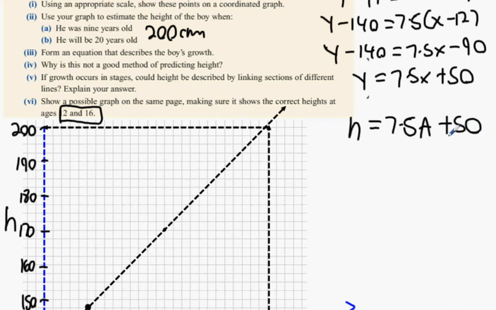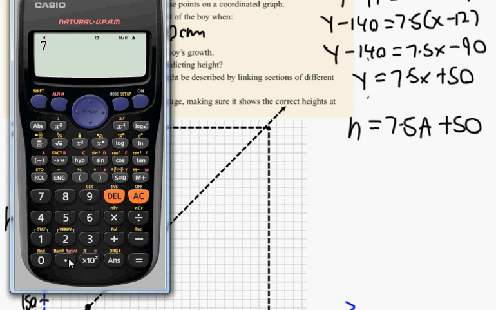Let's try it out. What height was he when he was 16 again? Okay, so 7.5 times what? What's now his age? 16 plus 50? 170, isn't it? Let's try for 20. 7.5 times 20 plus 50.